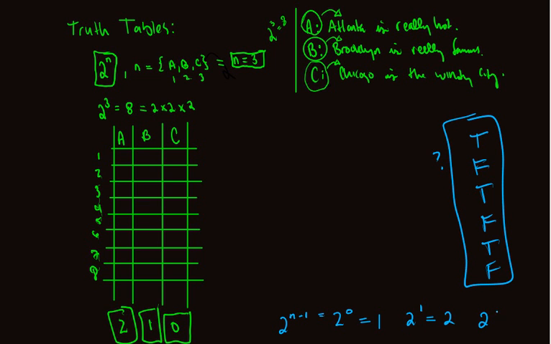And then 2 to the 2 equals 4. You'll see here how I'm going to rotate the T's and the F's. So 1 T, 1 F, 1 T, 1 F, 1 T, 1 F, 1 T, 1 F, right?